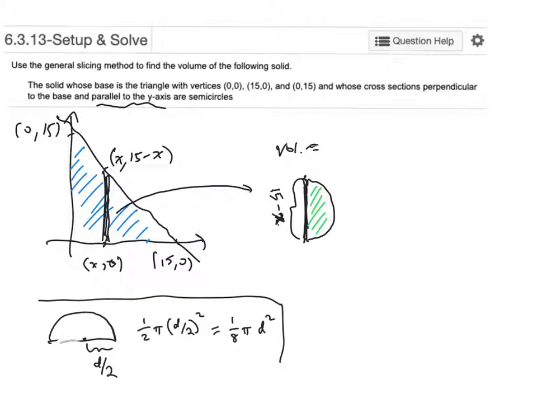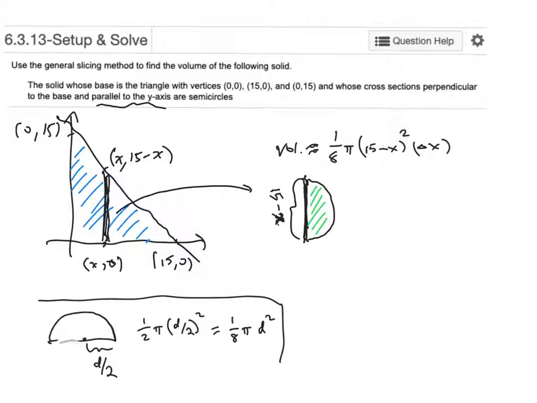So the volume of this slice is approximately the area of the green, which is 1/8 pi times the diameter, which is 15 minus x, that's my labeling, squared, times delta x. So that's the volume of a semicircle that has diameter 15 minus x.